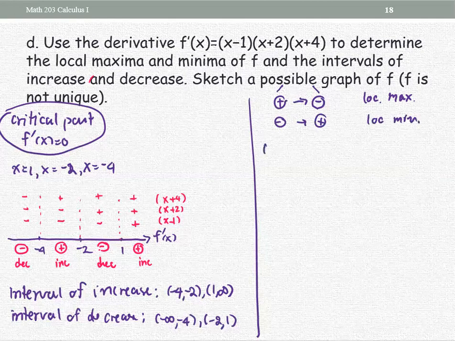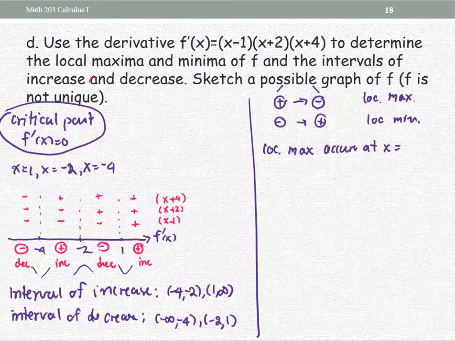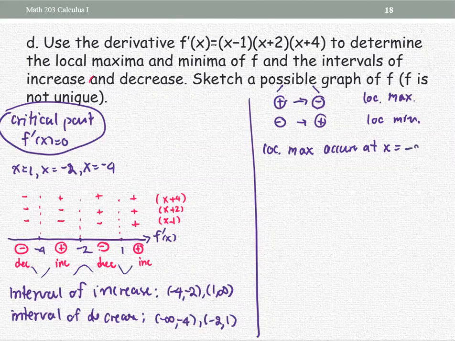So the signs go from negative to positive, positive to negative, negative to positive. The local max occurs at x equals negative 2, and the local min, there are two of them, occurs at x equals negative 4 and also at x equals 1.